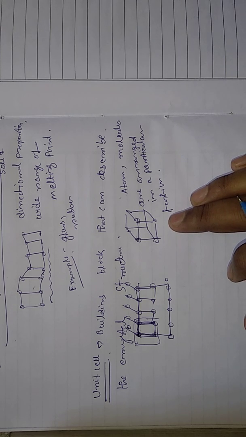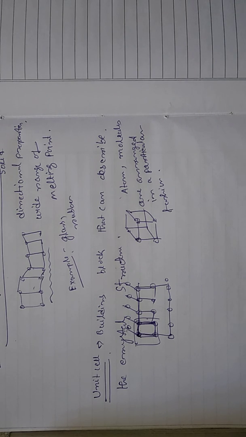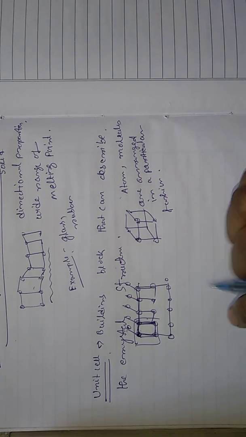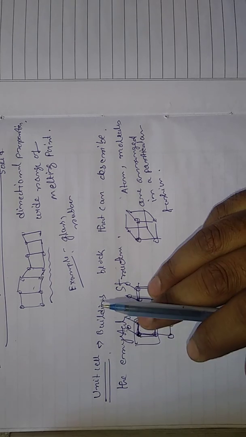As in the formation of a masonry structure, all the bricks are assumed to be the unit cell of that structure. Similarly, in a crystal structure the unit cell is the building block, like bricks in a masonry structure.